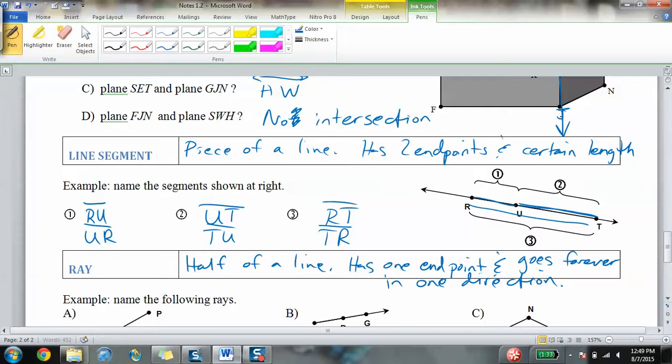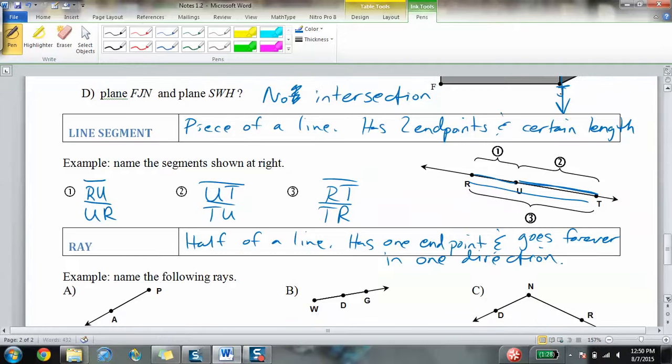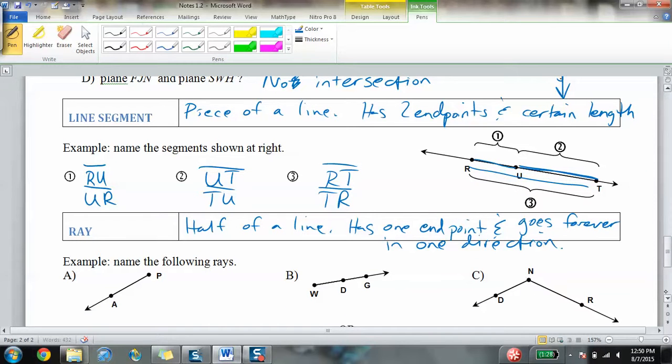So what do I mean by that? Well, down here we have some examples of rays. A ray is kind of a combination of a line segment and a line. It has one endpoint, and then it goes forever in just a single direction. A line goes forever in two directions. A ray starts at a certain point and then goes forever in one direction.